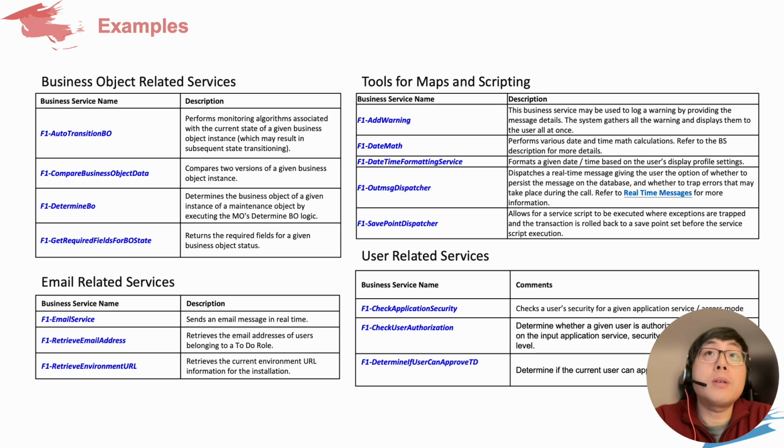These are base functionality, and I think it is a good summary of what can be used. There are more than these services, so feel free to explore in C2M to see which one can be used. But this provides a very good reference of what types of business service have been provided as part of the base product, and how they are actually used.